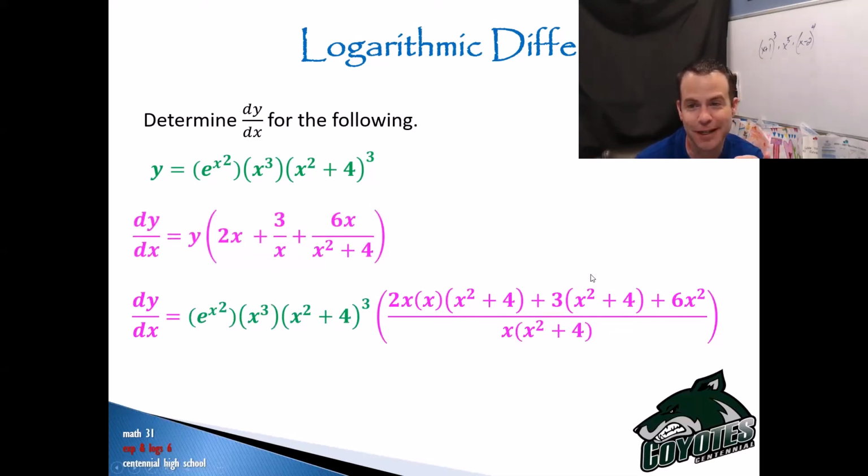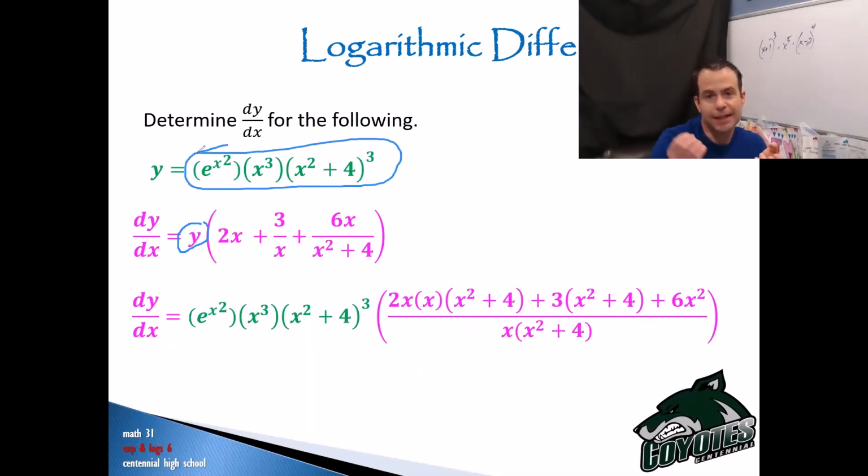I took my 3 and multiplied it by x squared plus 4. And I took my 6x and multiplied it by x. That was me just getting a common denominator, so the whole thing could be over x times x squared plus 4. The other thing I did at this stage was replace my y with what y actually is. y is e to the x squared times x cubed times x squared plus 4 cubed. So I've stuck that in my equation. Now my equation doesn't have any y's.